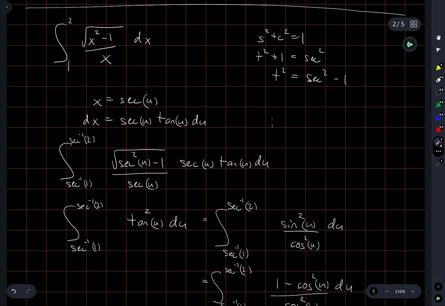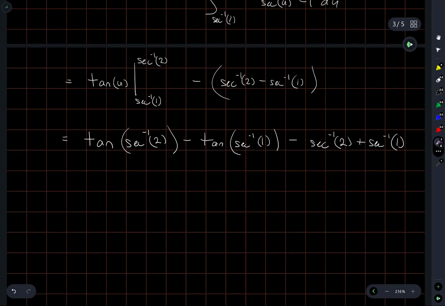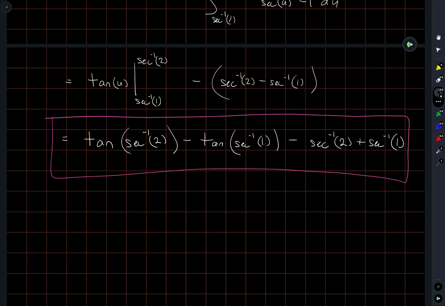So when x is 1, u is secant inverse 1, secant inverse 2, secant squared minus 1, secant tan, cancel, tan squared. I think this is correct. I'm going to give this my seal of approval at this point in time. And just hope I haven't made any stupid mistakes. Thanks for watching.